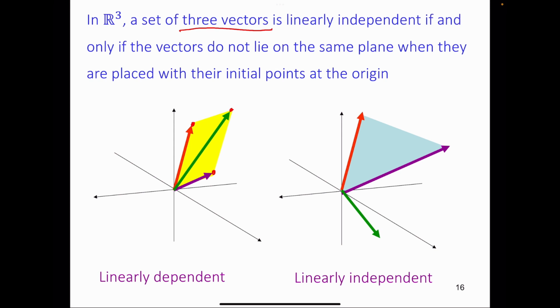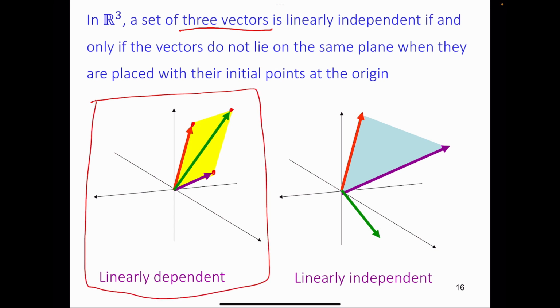Whenever we draw these three vectors in the same space with their initial points at the origin, we find that these three vectors lie on the same plane. You may see in this picture that the yellow region that we draw is one plane, and these three vectors, V1, V2, V3, lie on the same plane.